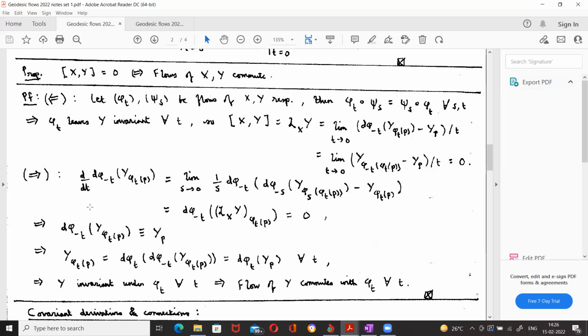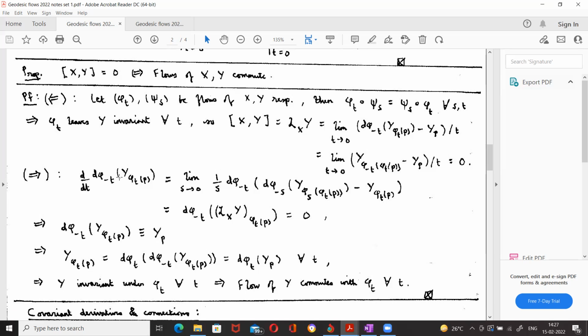So to do that, we look at these tangent vectors that occur in the Lie derivative, d phi minus t of y at phi t of p. Notice that these are all tangent vectors at the point p, so they lie in the same vector space.